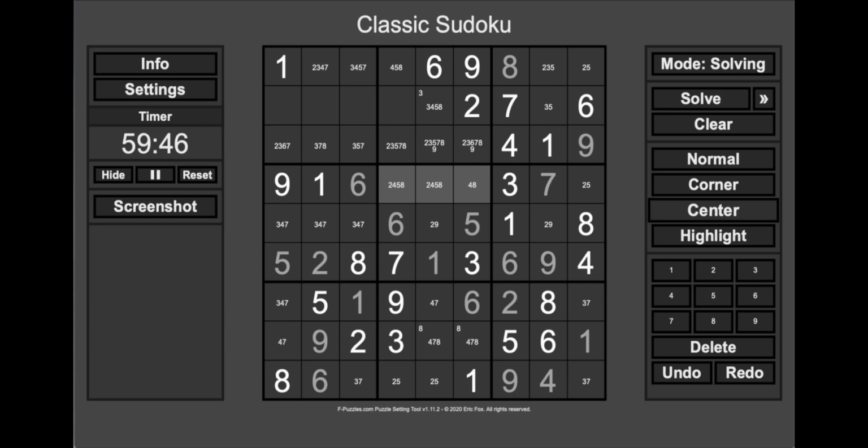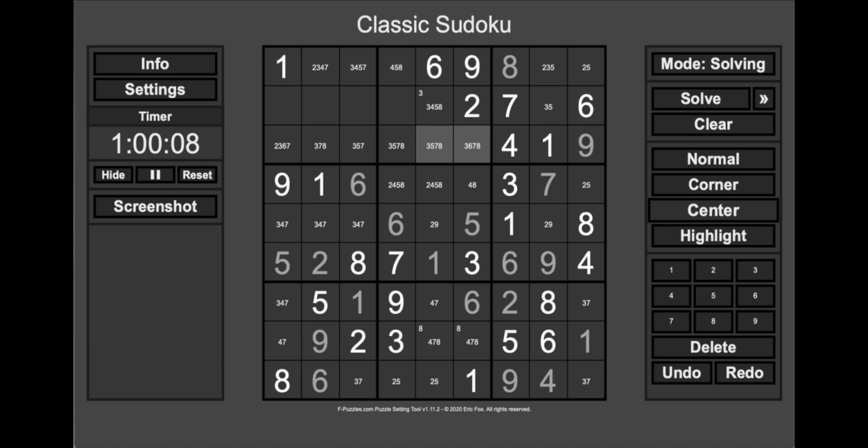Now, let's see if I can't clean up box 2. None of these 3 cells are 2 because I placed a 2 in there. And these cells aren't 9.